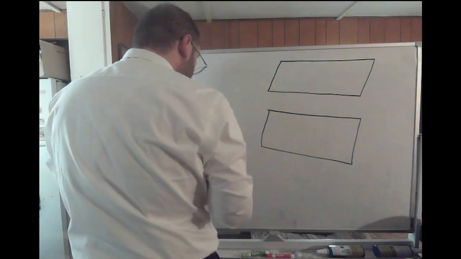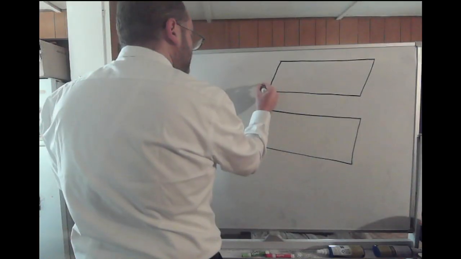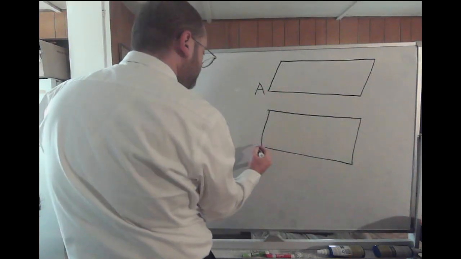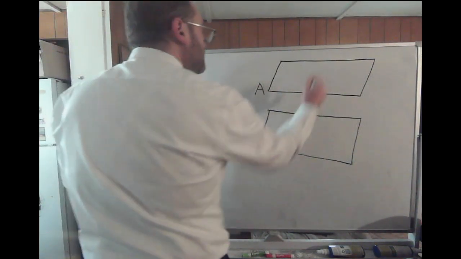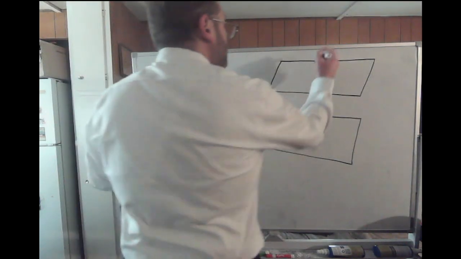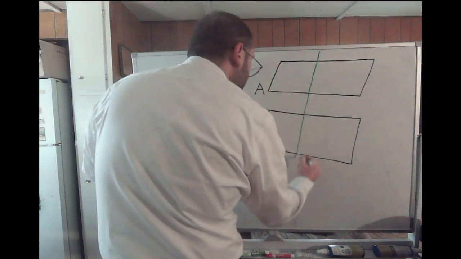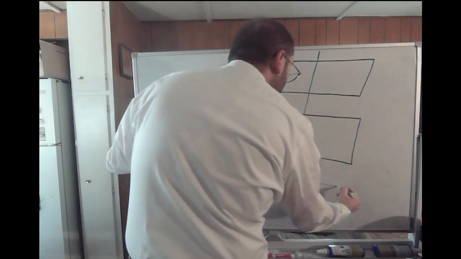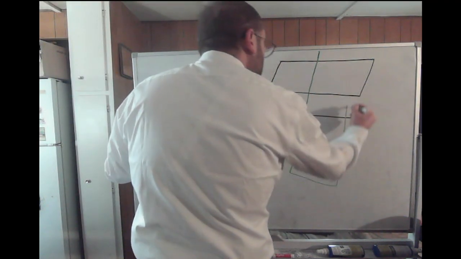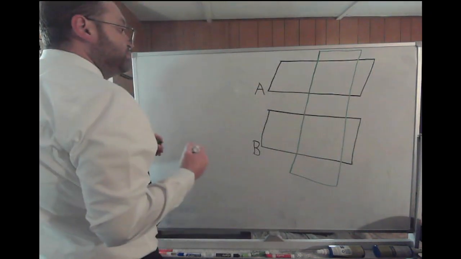We will call this plane A, this will be plane B, then we're going to draw a third plane that runs through these two planes.